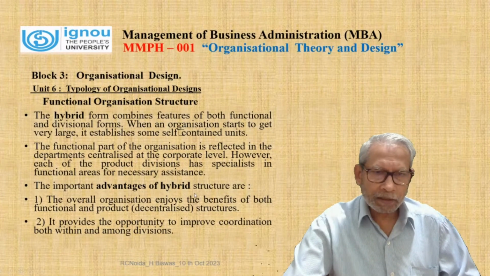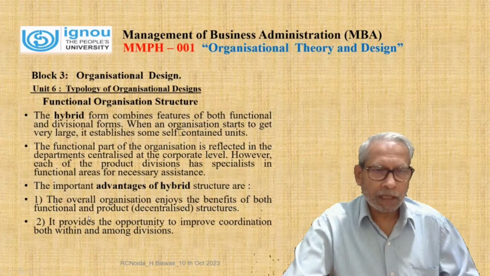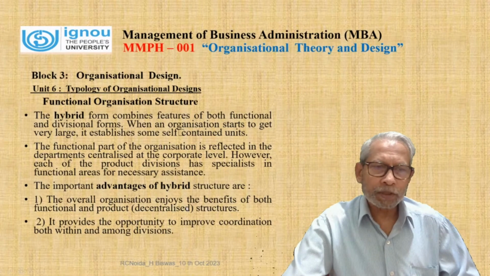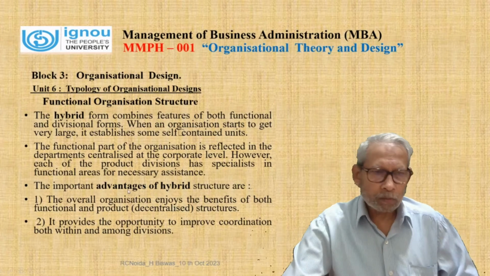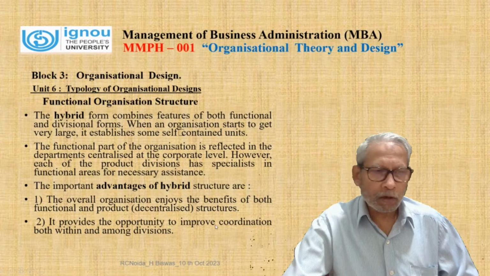So what are the advantages of the hybrid? Overall, organizations enjoy the benefits of both the functional and the product structures. Here, power and authority are also decentralized. So that is one of the advantages. It provides the opportunity to improve coordination among the divisions.